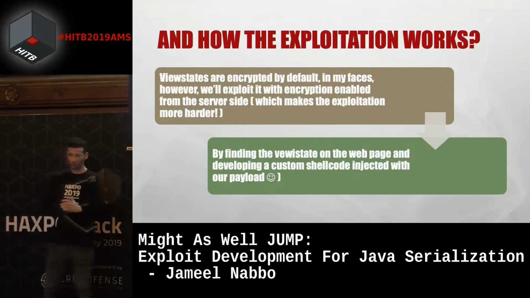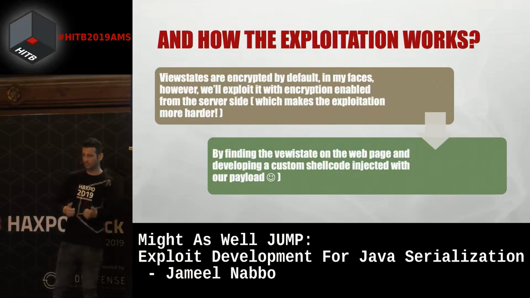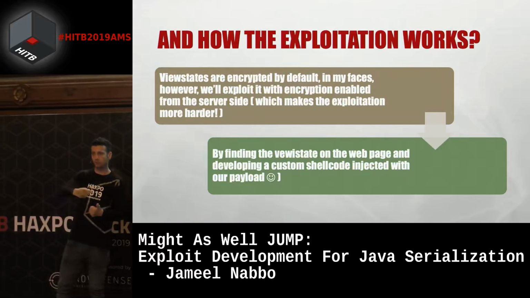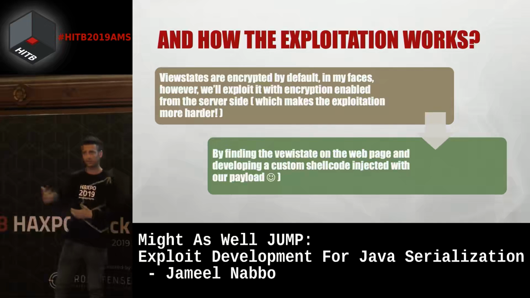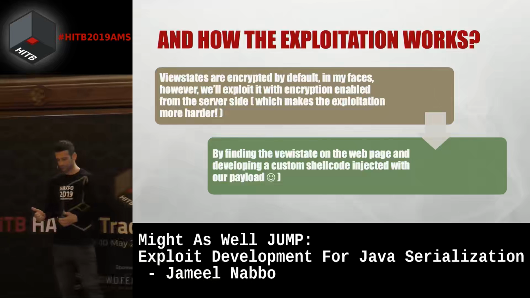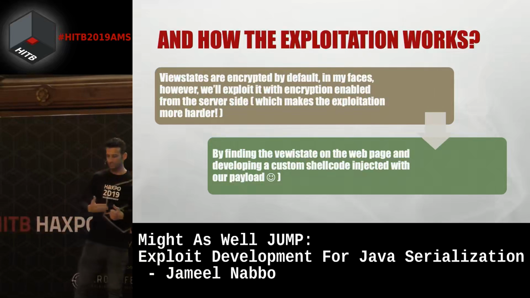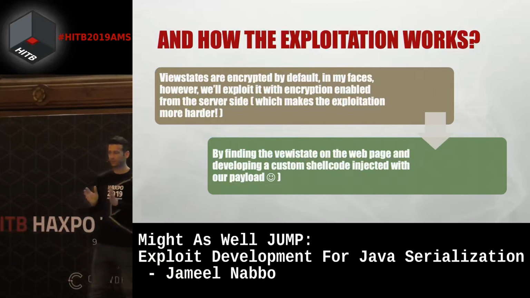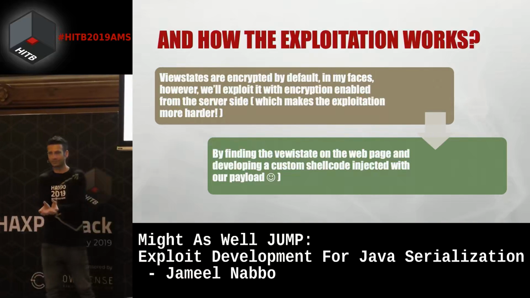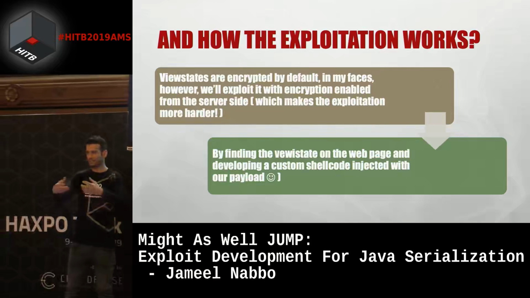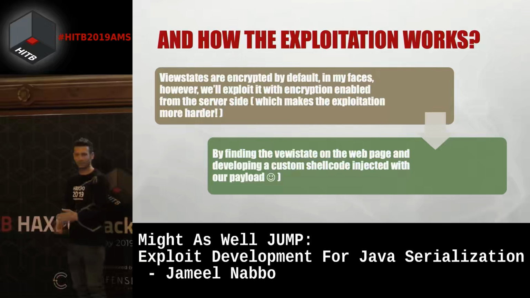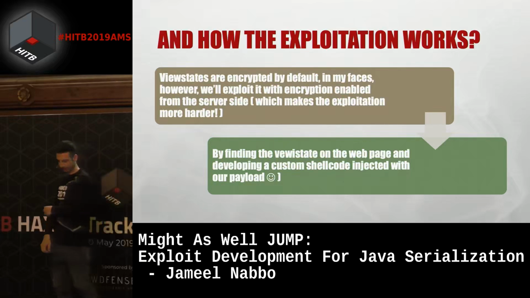The first shell code is gonna invoke a gadget in the environment itself, and the second shell code is your execution command, for example, to get a reverse shell. But the problem with injecting a shell code, once the view state is really encrypted, is that you have to play around on the server that you have generated this view state, and then I will execute my command on the server side.